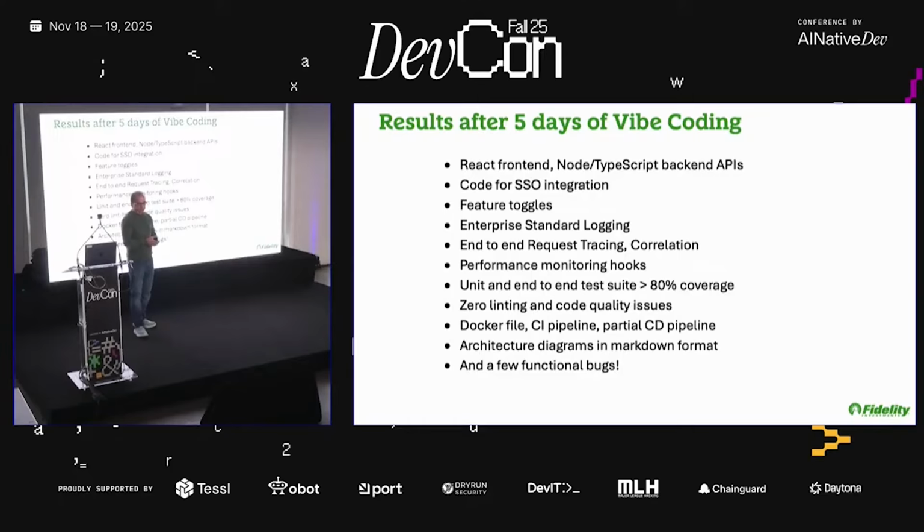Feature toggles, enterprise standard logging, end-to-end request tracing, correlation, performance monitoring hooks, unit and end-to-end test suite, more than 80% code coverage, zero linting and code quality issues, a Docker file, a CI pipeline, a partial deployment pipeline, and architecture diagram all in markdown format. So this is the end result of this 5 days of vibe coding.